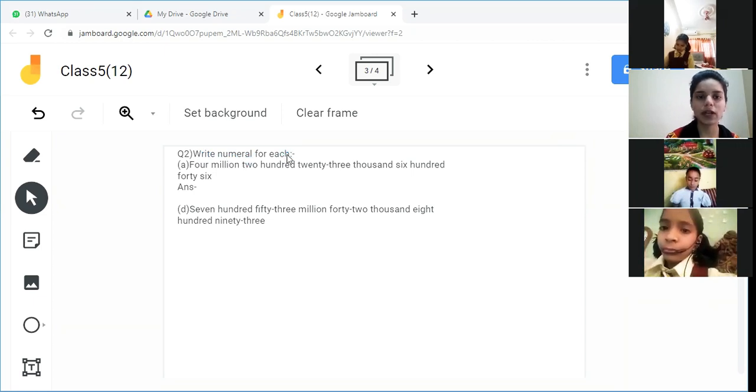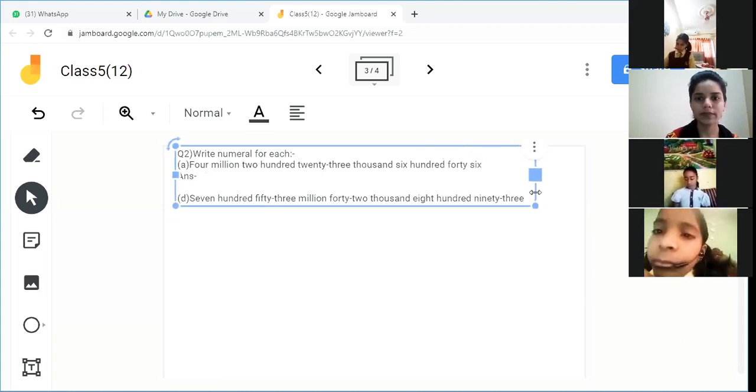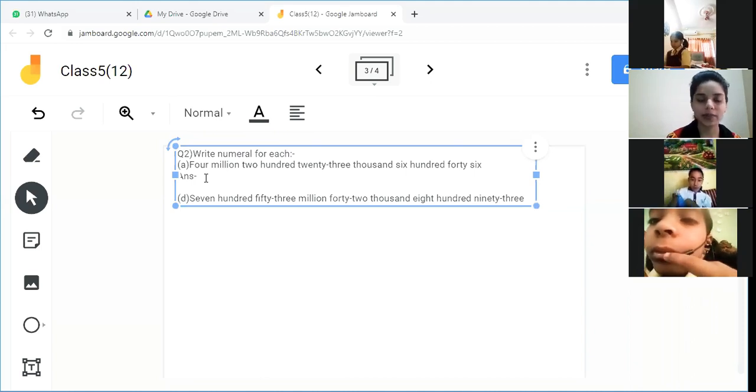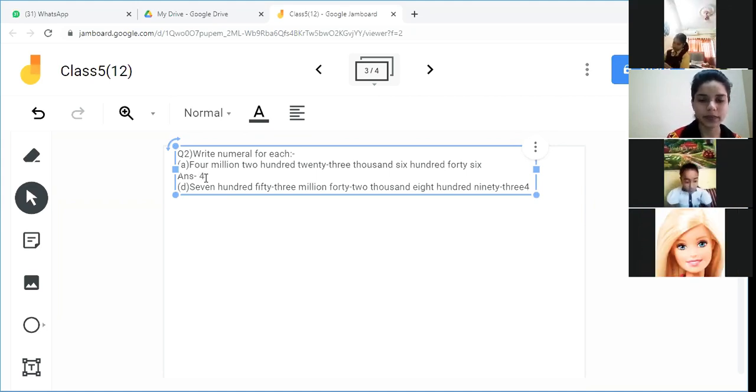Write the numeral for each. We have to write the numbers for each. Okay. So here 4,223,646. So 4 million. 4 is in the millions place.